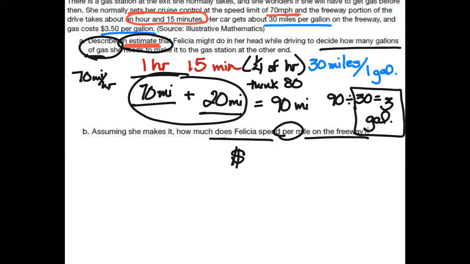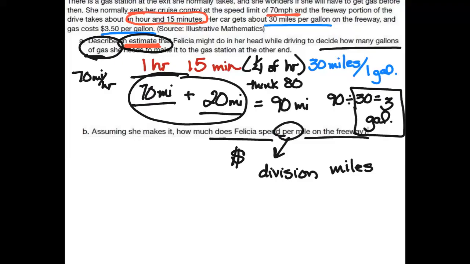Per is talking about what operation? Division. Per is division. So money divided by miles. Money divided by miles. You see how I did that?